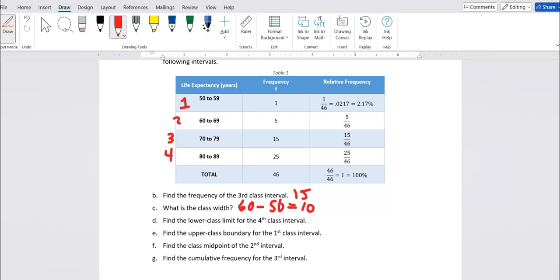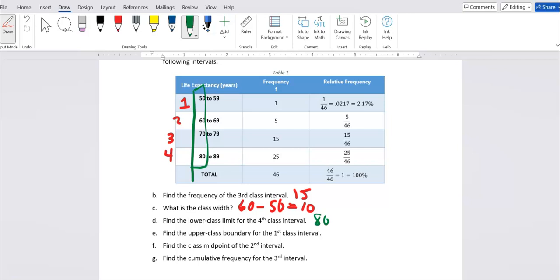For D, find the lower class limit for the fourth interval. The lower class limits are going to be the first numbers in the column. So for the fourth interval, 50, 60, 70, 80, that answer would be 80. Next, the upper class boundary for the first class interval.